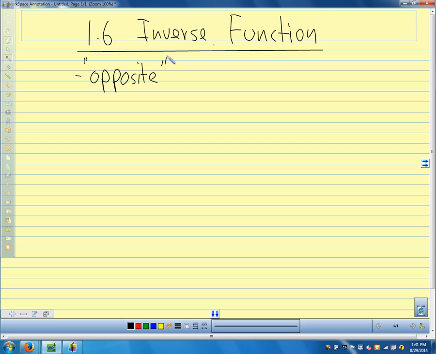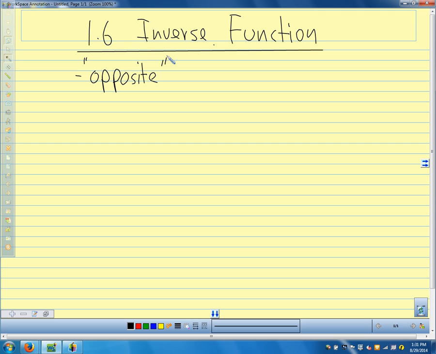One thing we do in math is we try to make our words, our definitions precise. So what do we mean by opposite? Let's think about opposite, negative reciprocal, operation. So something like negative reciprocal, that's kind of opposite.